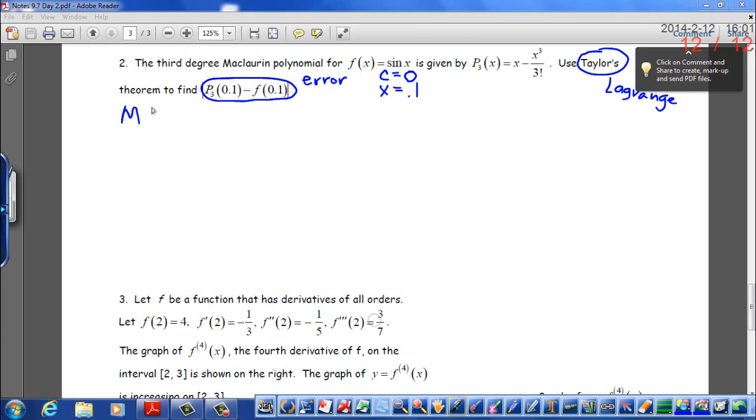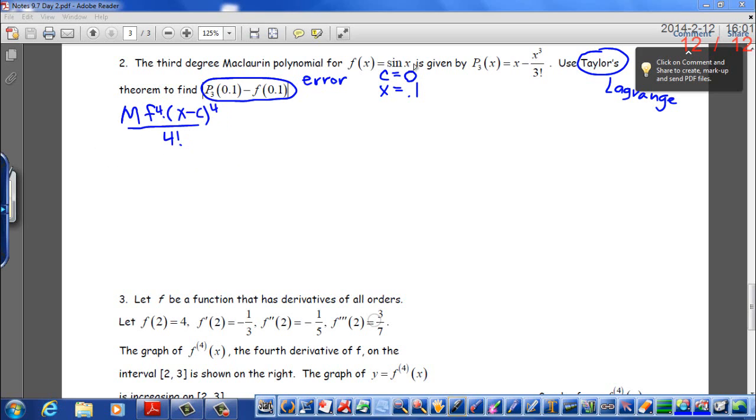So we're trying to find the maximum of the fourth derivative of x times (x minus c) to the fourth all over 4 factorial.